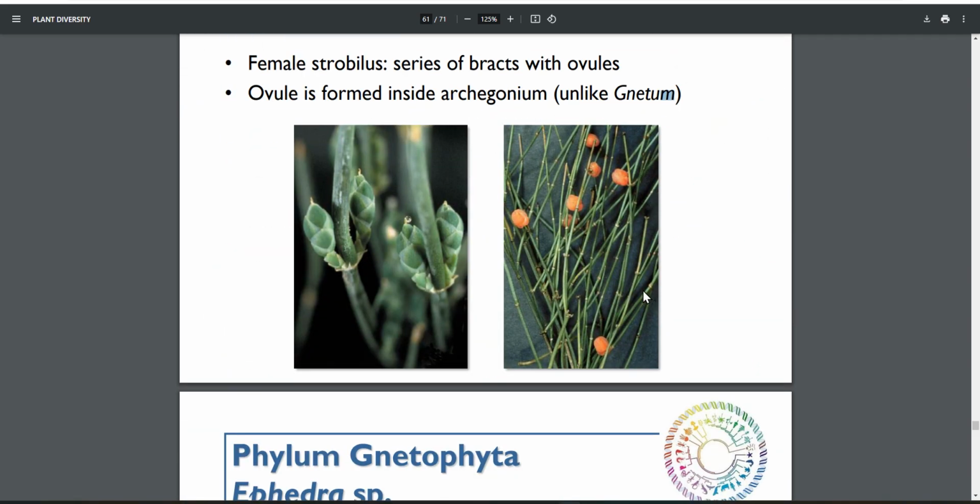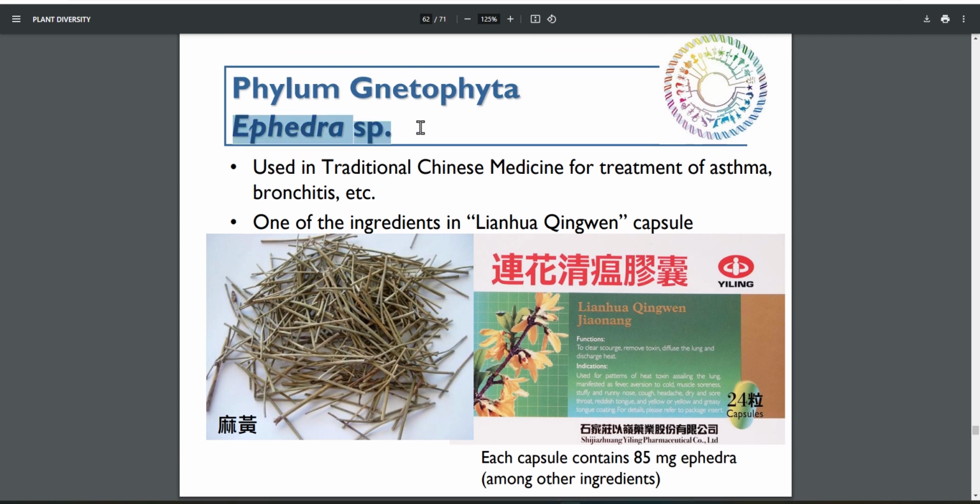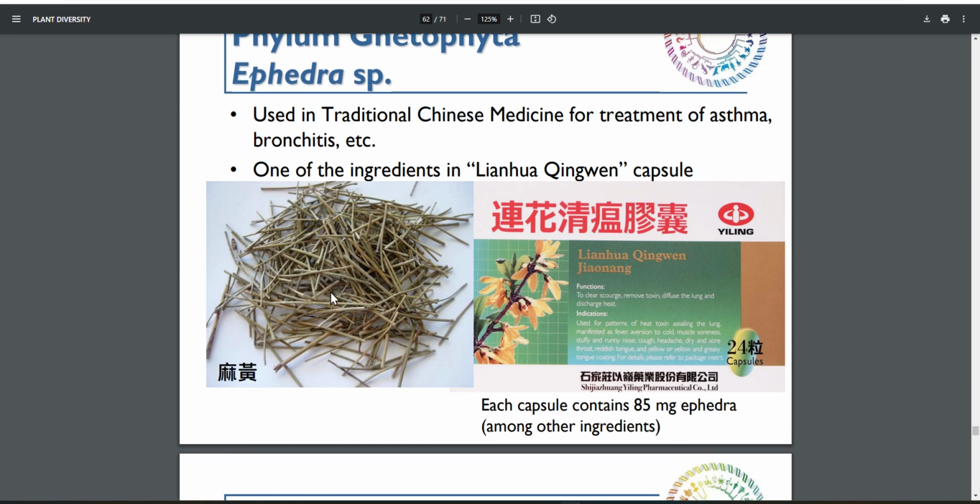All right. So now, Ephedra is used in traditional Chinese medicine for treatment of asthma and bronchitis, so respiratory problems. I'm not 100% sure if this is Ephedra, but if you have taken this during the COVID period, it was used very frequently to medicate the symptoms of COVID.